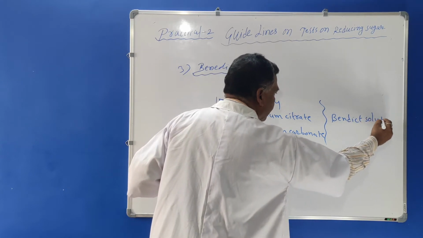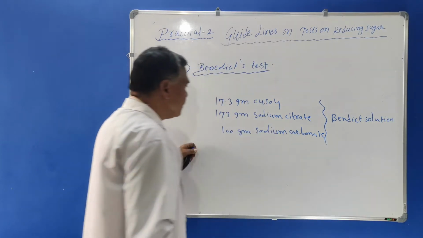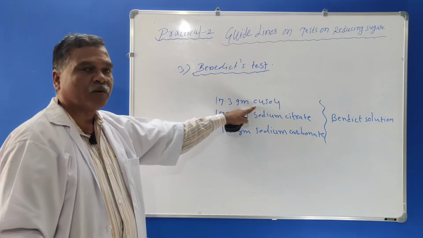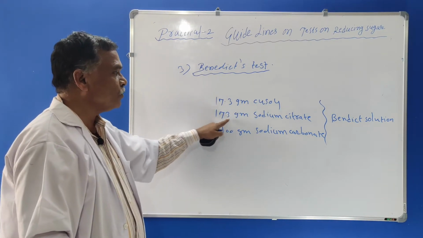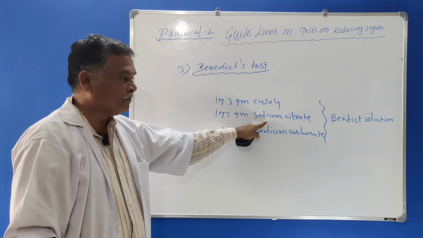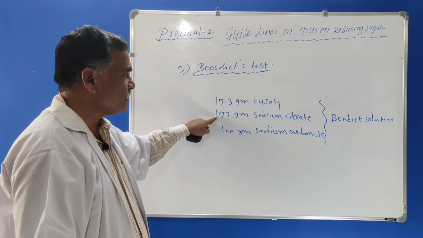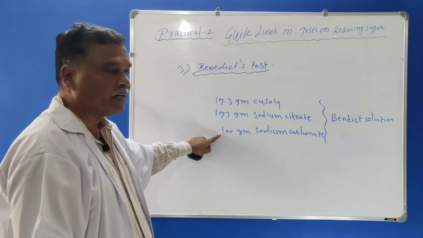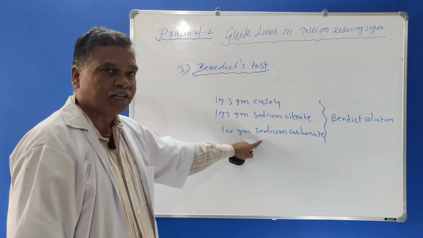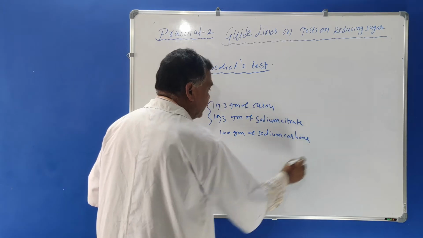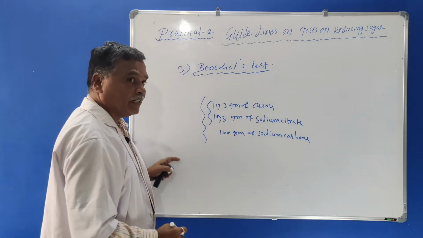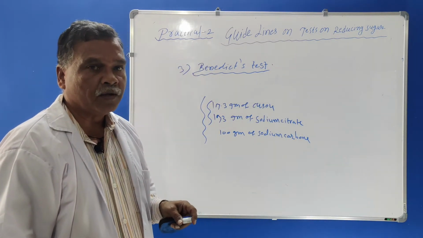First, 17.3 grams of copper sulfate is added to 170 grams of sodium citrate. These two substances are dissolved first, and then 100 grams of sodium carbonate is added to it. All three are made up to 1 liter.